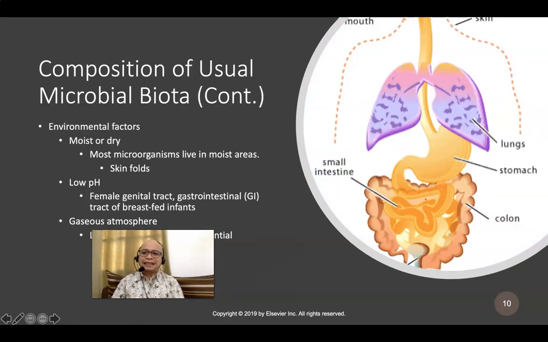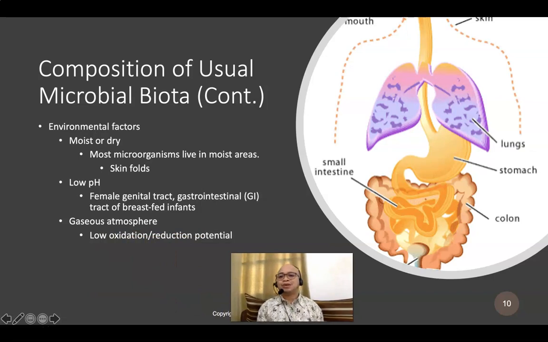So what are the environmental factors? Environmental factors depend on what particular area of our body these microorganisms have already established the so-called ecological niche. For example, whether they are living in a moist or dry area. Most microorganisms live in moist areas such as skin folds in our armpit.